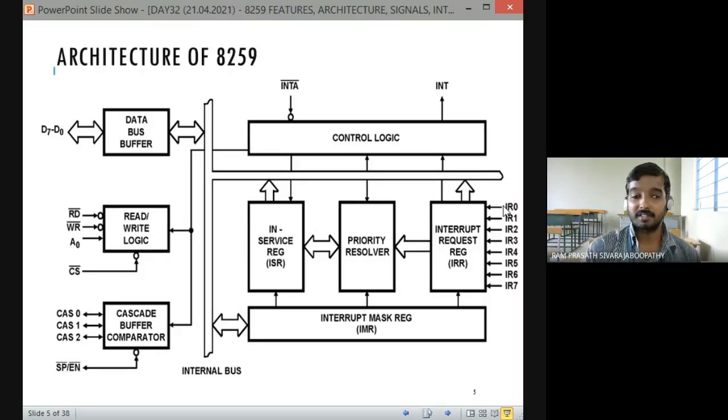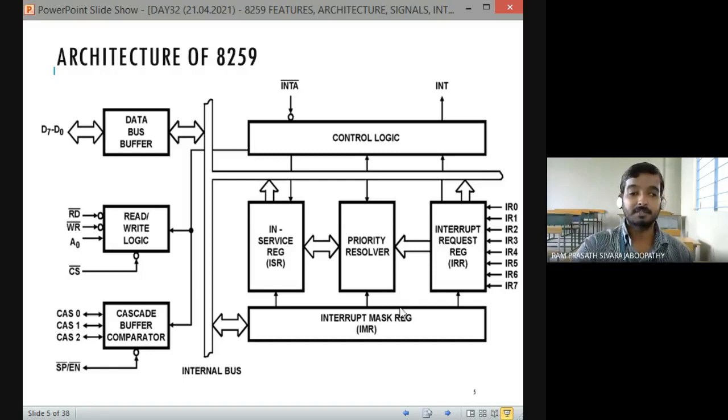Here you can see IR0 to IR7. 8 pins we are having. Those are the interrupt pins. IR0 has the highest priority and IR7 has the lowest priority by default. So the pins are arranged in that order.